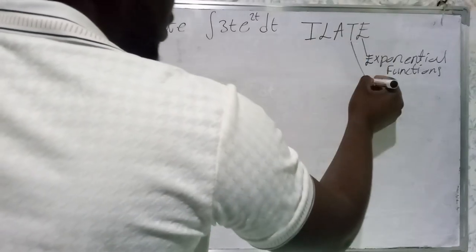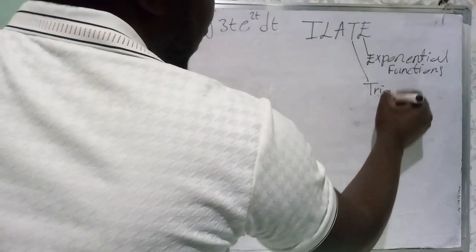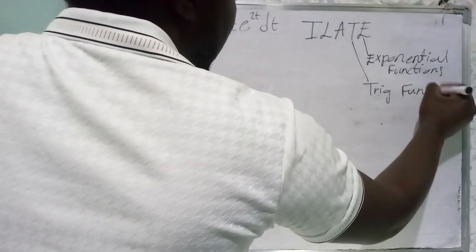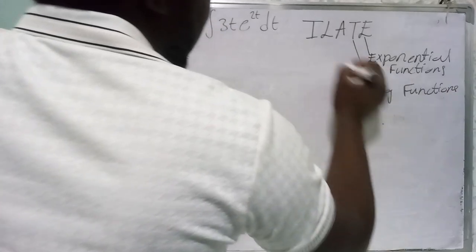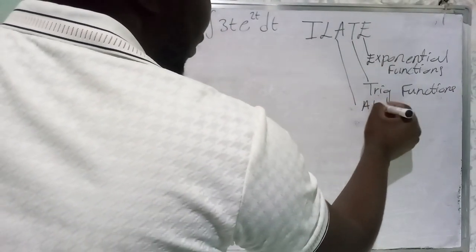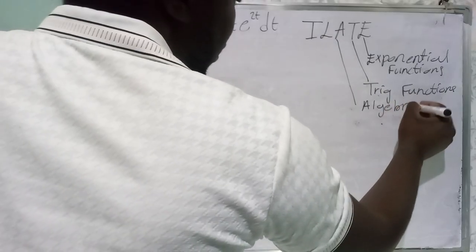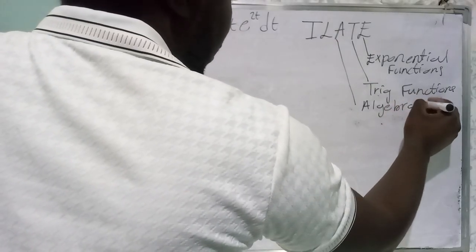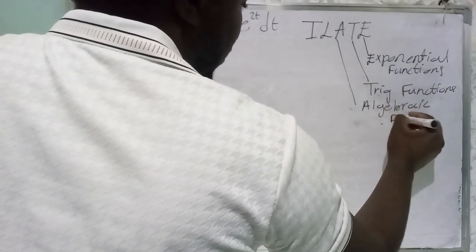Then we have capital T, which is trigonometric functions, trig functions. Then we have capital A, which stands for algebraic functions.